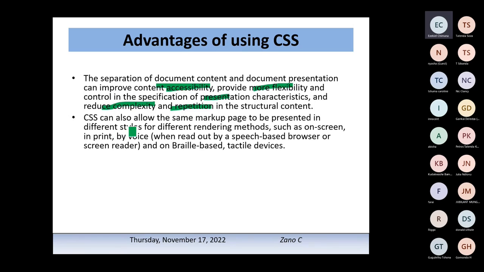CSS can also allow the same markup page to be presented in different styles for different rendering methods, such as on screen, in print, by voice, when read out by a speech-based browser or a screen reader, and on braille-based tactile devices.